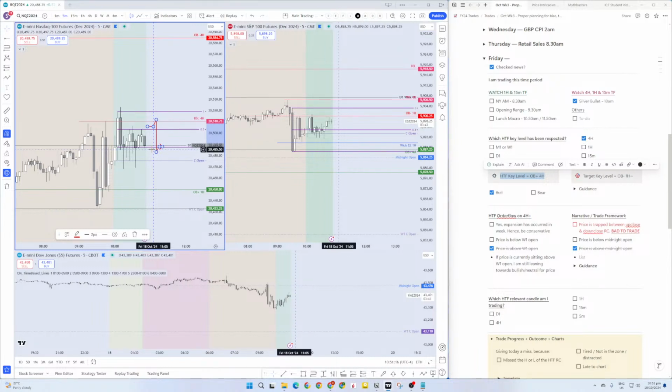Do I want to stay out 3 hours, 2 hours, 1 hour longer just to hope that price does something? No lah. Why would I want to do that? Just call it a day. Next week there will be another day that will be easier to trade.